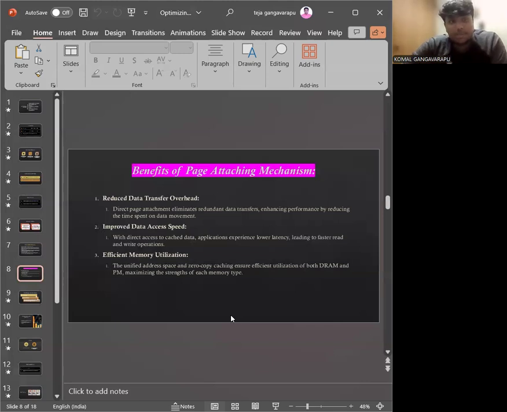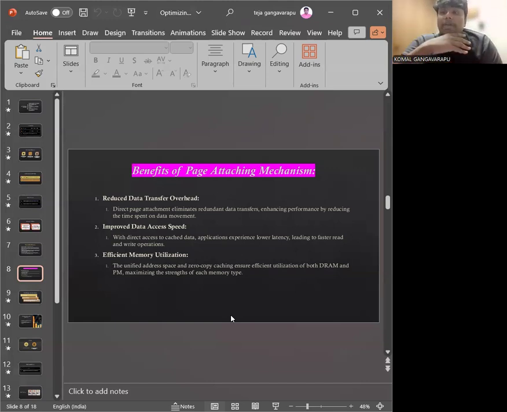A few benefits here. As I already said, the page attaching mechanism reduces data transfer overhead, because direct page attachment eliminates redundant data transfer and enhances performance by reducing the time spent on data movement.